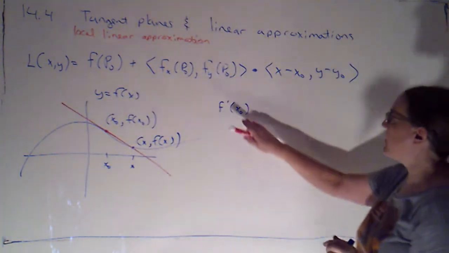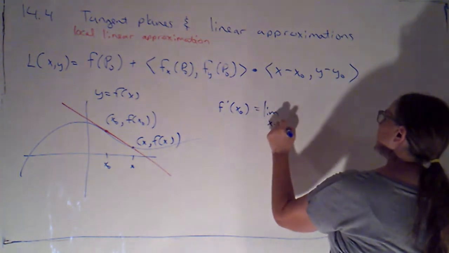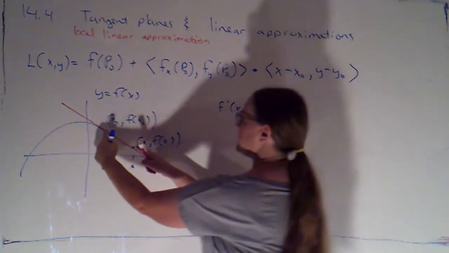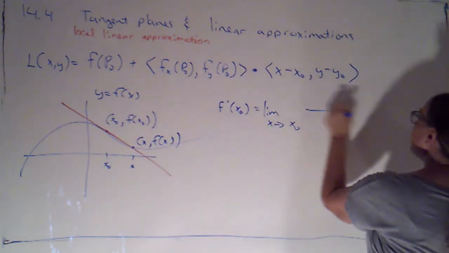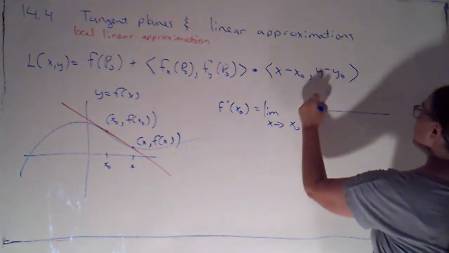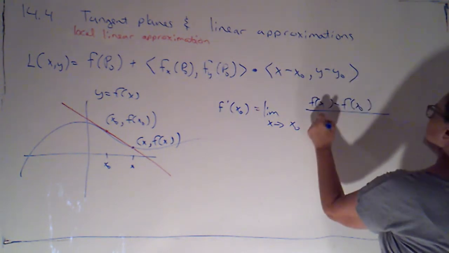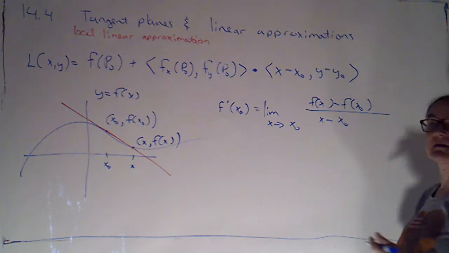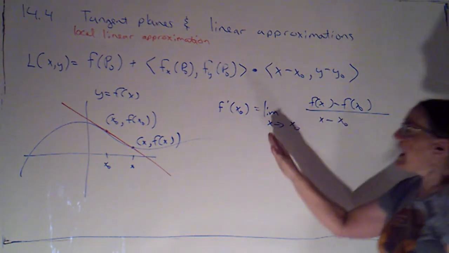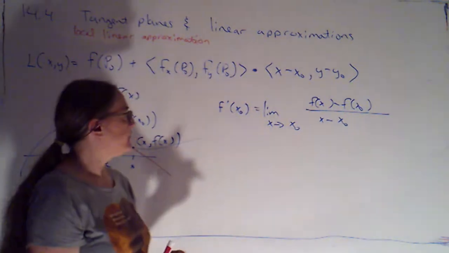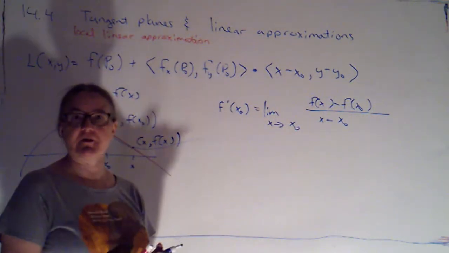And so f prime of x naught would be the limit as x approaches x naught, so as I move this second point closer and closer to the point of tangency, of the slope of that secant line, which is just f of x minus f of x naught over x minus x naught. Now, that essentially is my definition of a function being differentiable.